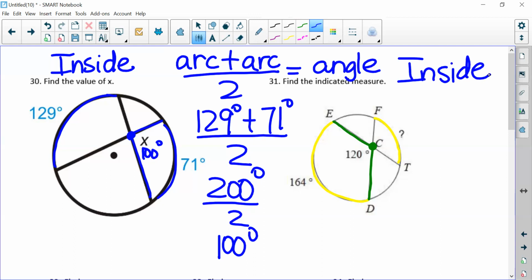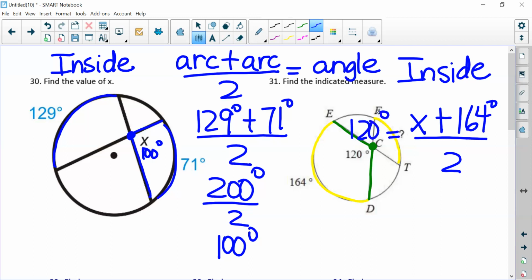Y'all look, the arc is what we're missing this time. So let's just use X as our variable. Instead of question mark, let's just call it X. So X, because that's the measure of our arc that's unknown, plus 164 divided by 2. And remember, our angle this time is 120 degrees.